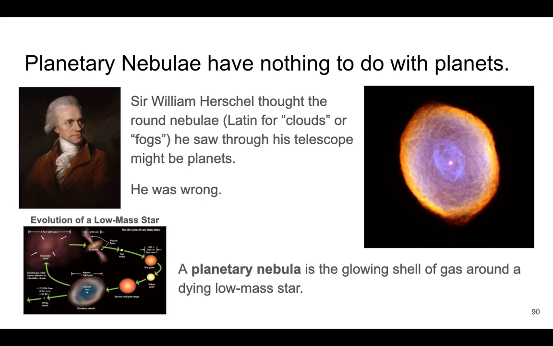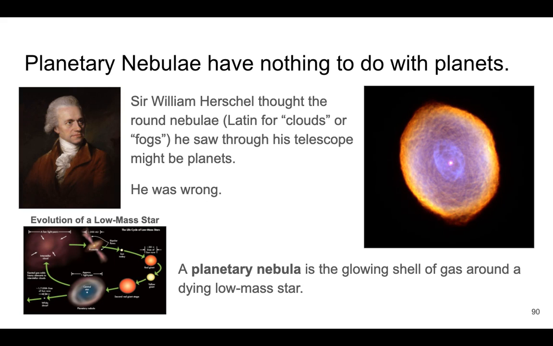So this is a bad misnomer. Planetary nebula. They have absolutely nothing to do with planets. Nebula means cloud. So Sir William Herschel, our old buddy, he named Planet George. He would look through his telescope and he would see these nebulas, and he could tell that they weren't points like stars are.